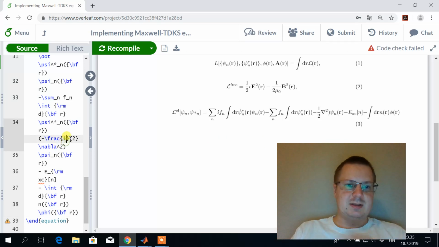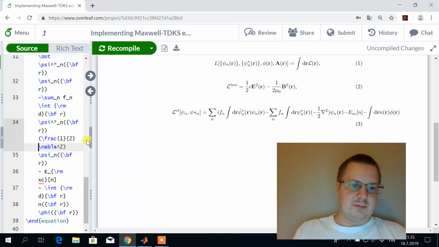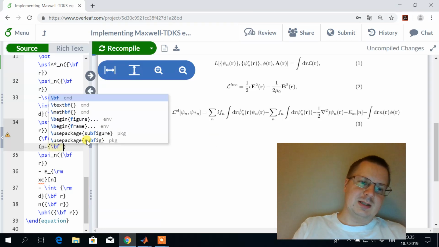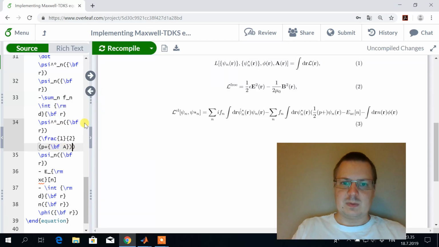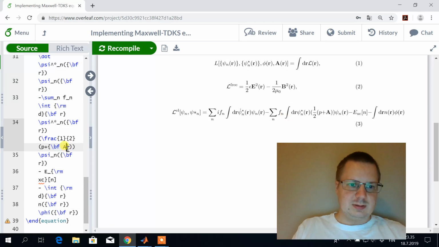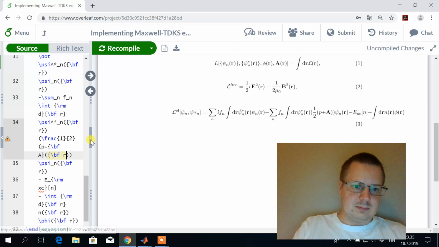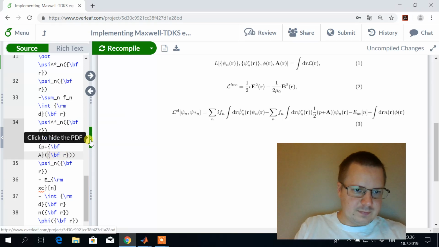We also need to couple the vector potential. So I can always write the nabla squared as P, and then we just implement minimal coupling, that's P plus A. So now this Lagrangian has the electronic plus the couplings, like so, and that's squared.